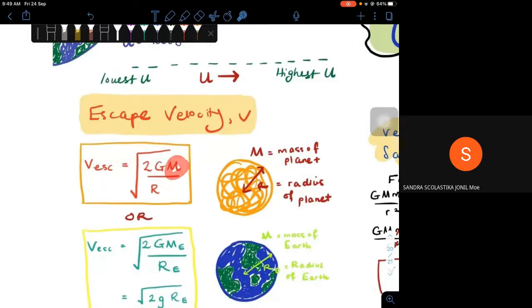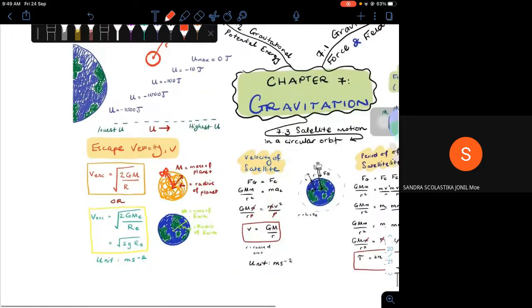M dia adalah mass of the planet, R dia adalah radius of the planet. Sebab tadi kita derive, kita cakap satellite tu dekat sini. Dia always from the center juga, tapi kita fixkan untuk escape velocity ni, radius dia sentiasa radius of planet.